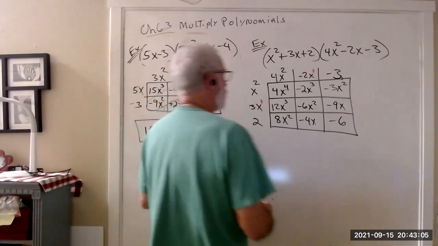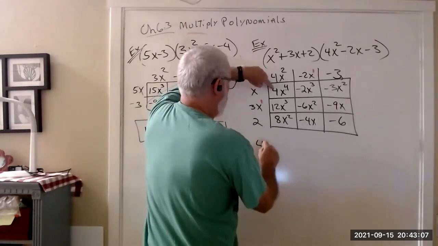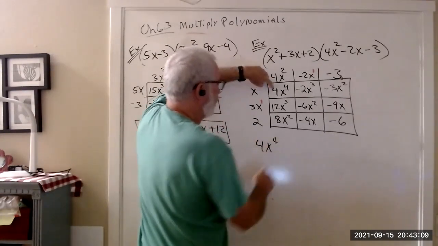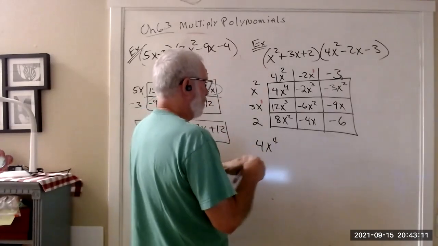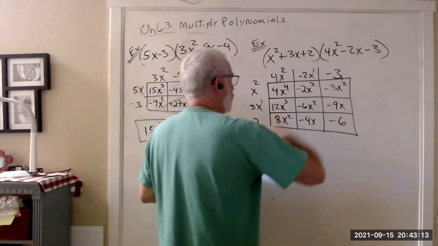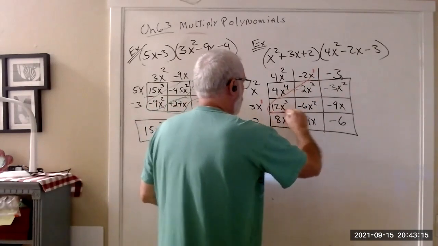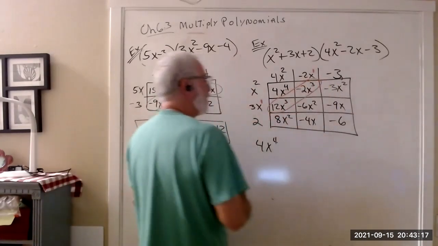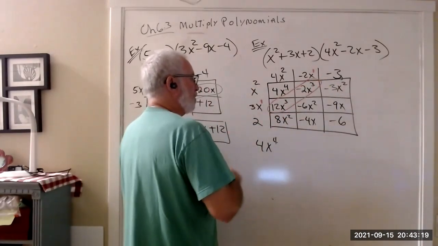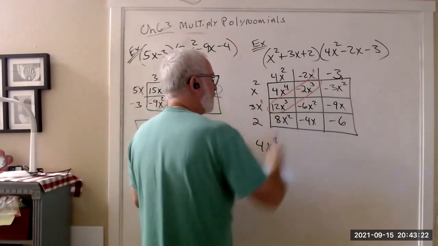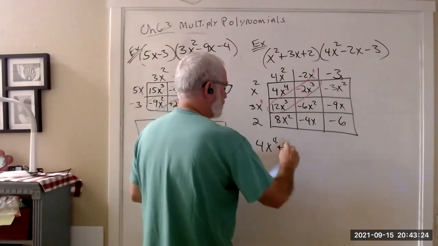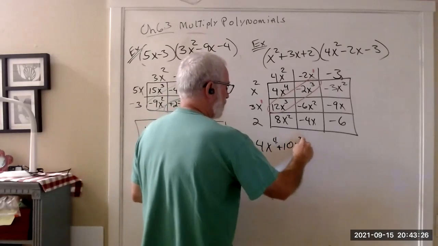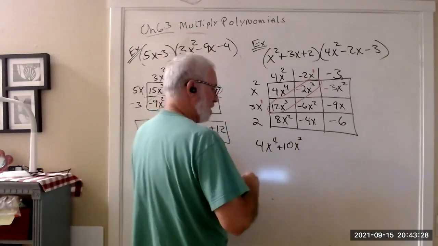So let's look. We have 4x to the fourth. Now, our like terms will almost always be on that diagonal. So 12x to the third, take away 2x to the third is plus 10x to the third. Okay.